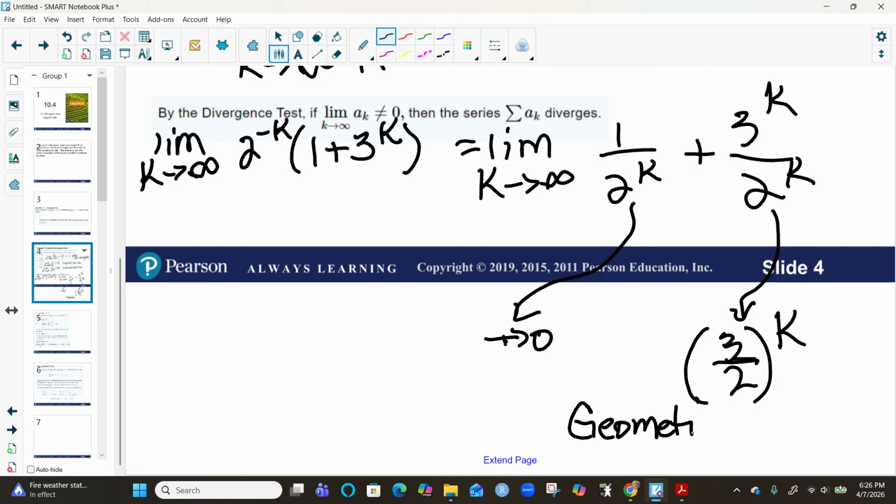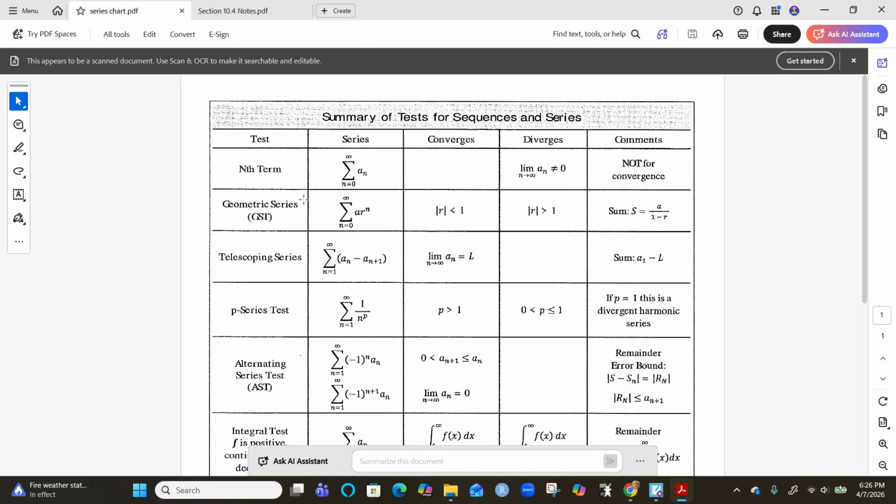and we've already talked about the geometric sequence. Our r is 3/2. That's the thing that we're multiplying by every time. So if you go back over to the series chart and you look at the geometric series, if the absolute value of r is greater than 1, then that diverges.